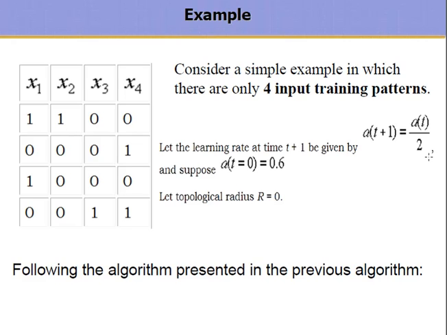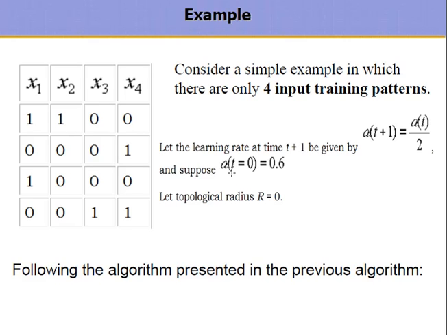So we are basically reducing our learning rate with each time step, and we suppose that our initial learning rate at t equals 0 is 0.6. So we have our initial learning rate set as 0.6, at time interval t equals 0.